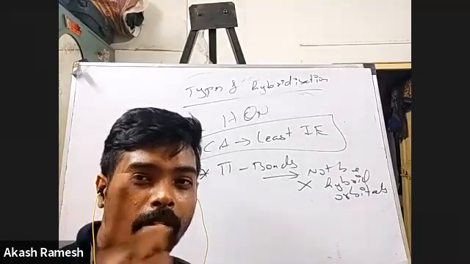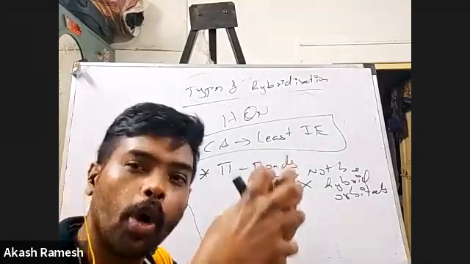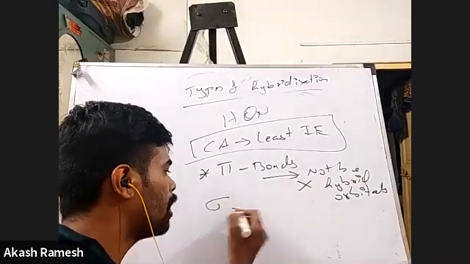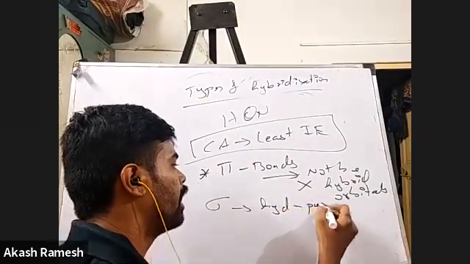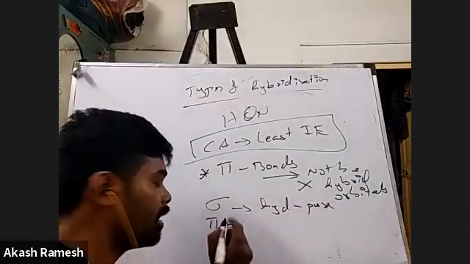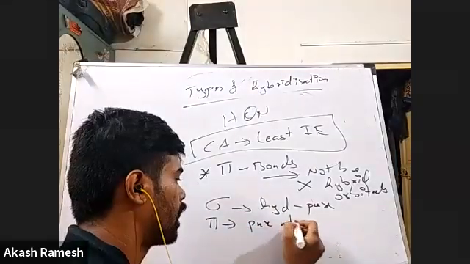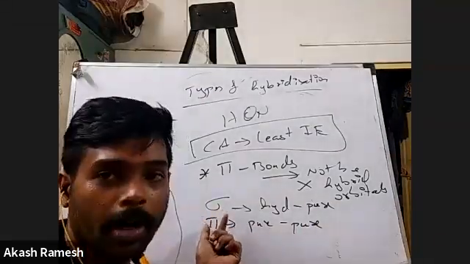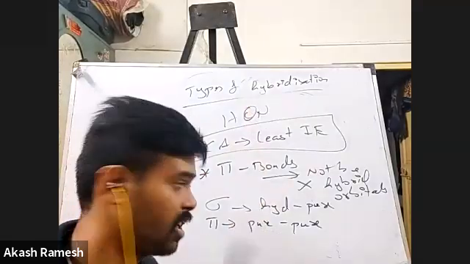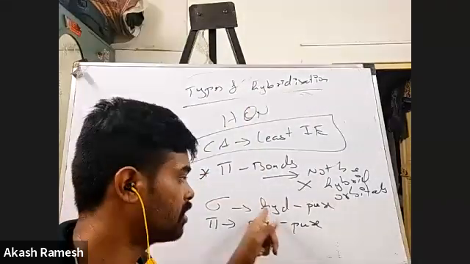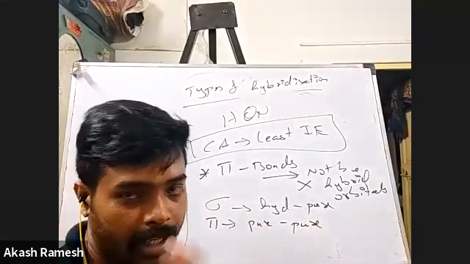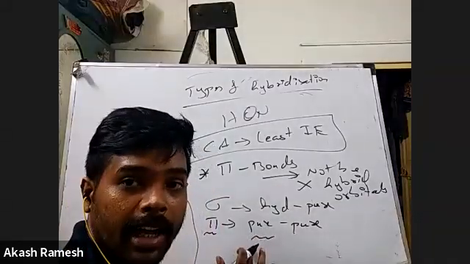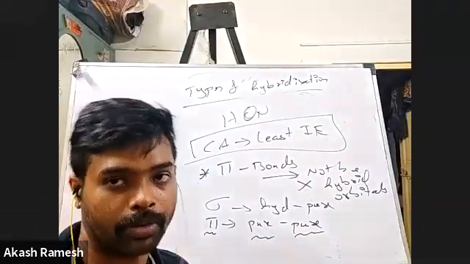In valence bond theory, both the pi bond and the sigma bond are formed by the overlap of atomic orbitals. In the theory of hybridization, the sigma bond is formed by the overlap of a hybrid orbital of the central atom and a pure atomic orbital of the side atom, but your pi bond is still only pure atomic orbital overlap: the pure atomic orbital of the central atom and the pure atomic orbital of the side atom.